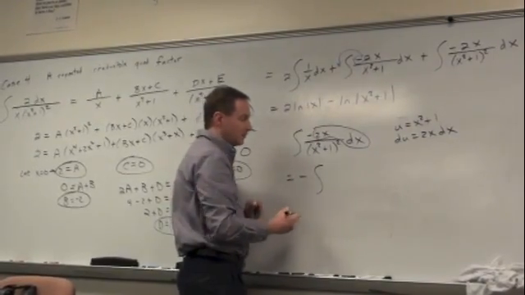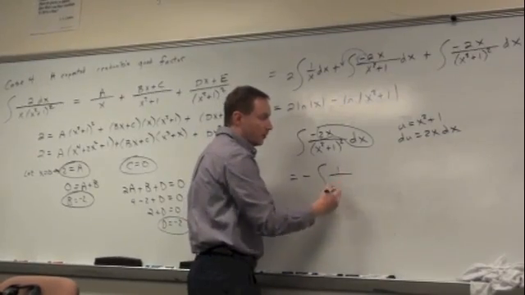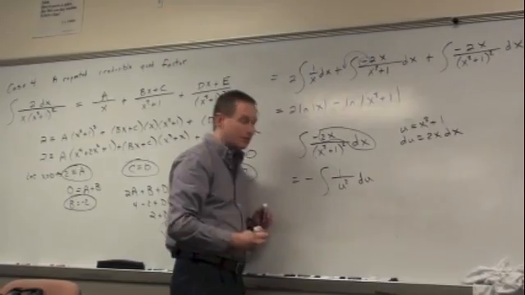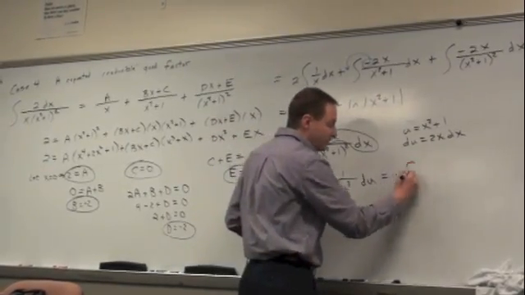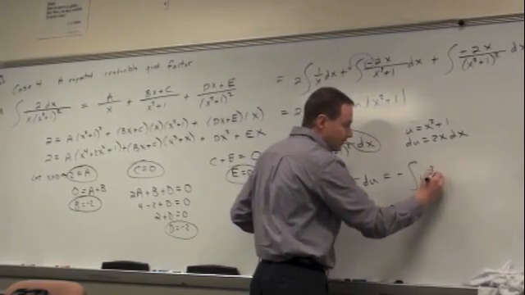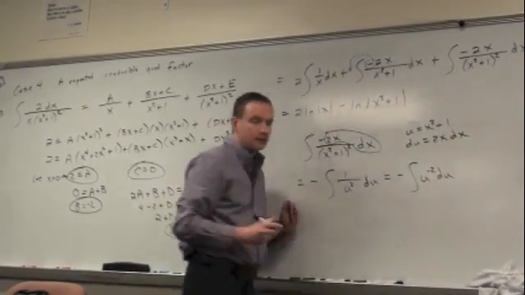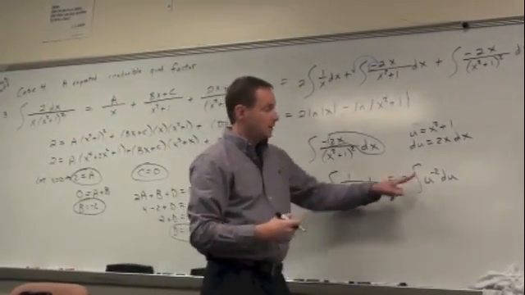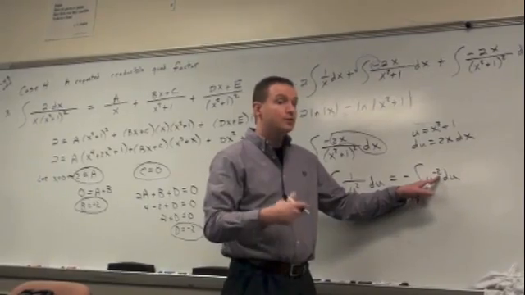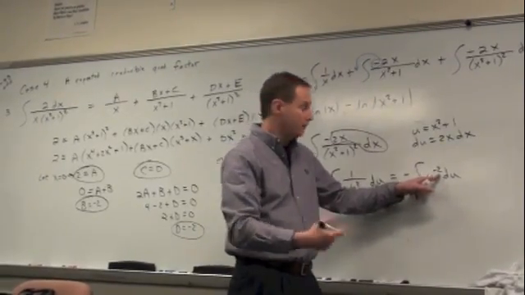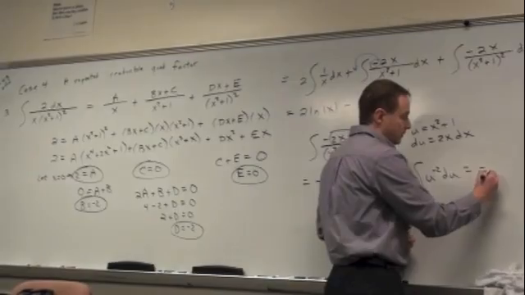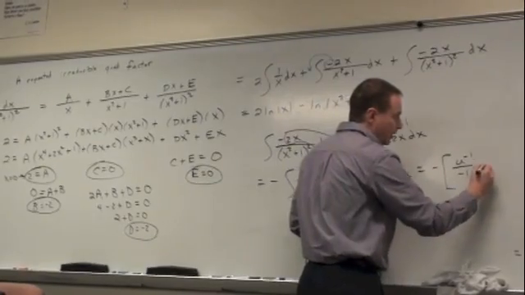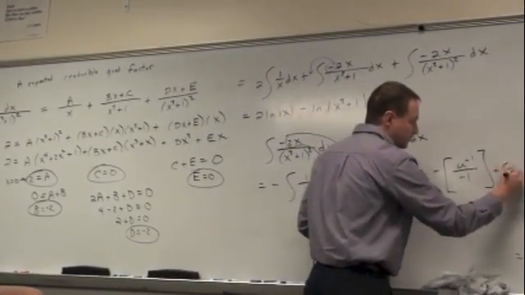And I get this is just going to be the negative of the integral of 1 over u squared du. Which gives me the negative of the integral of u to the negative 2 du. Okay, when I integrate that, this is going to become u to the negative 1 over a negative 1 plus the constant of integration.